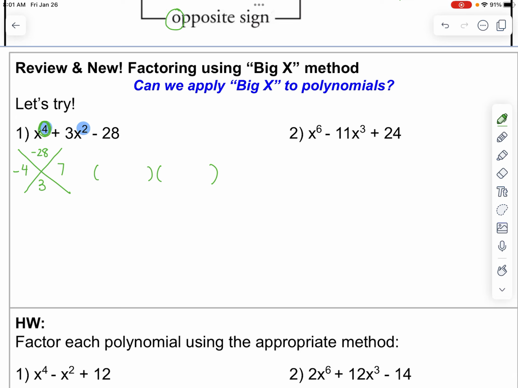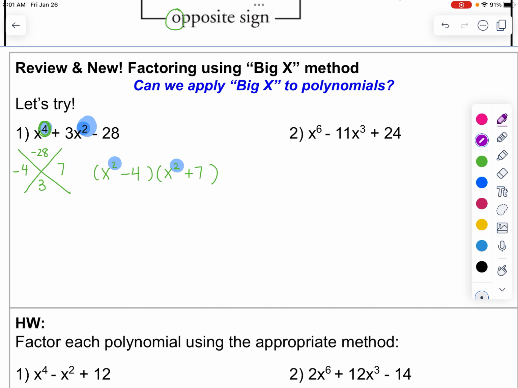So these two x's need to multiply to x to the 4th. Therefore, they will be x squared instead of just x. Now, a trick is that whatever this exponent is will be the exponent that these two x's get. So whatever is that exponent on the b term, that will be the exponent in your factors. And then we've got minus 4 and plus 7.